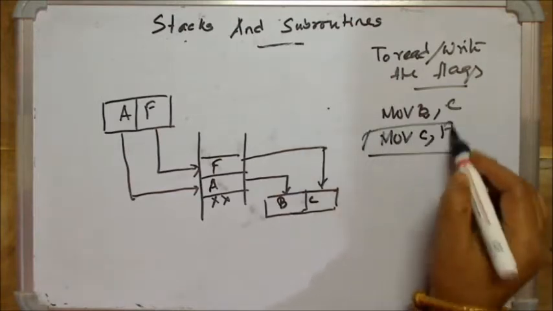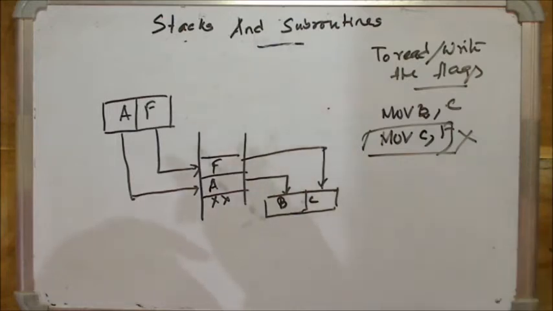Is it possible to write? No, this is not possible. So F is not directly accessible by the programmer. You already know. But what if for some reason you want to copy the value of flag register into some other register? It is not directly possible. There is only one way of doing it.